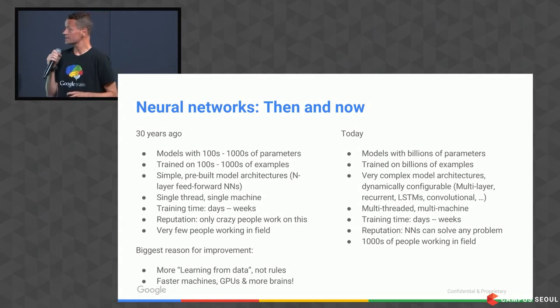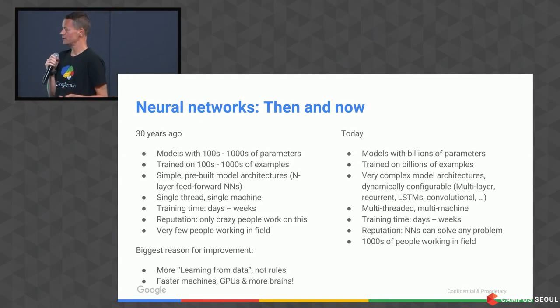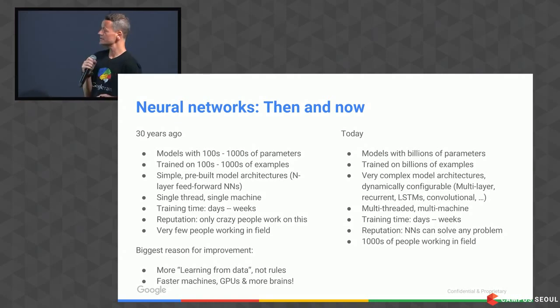About neural networks. I worked with neural networks already like 25 years ago. It's very interesting to see the progression of what happened. 30 years ago, we had models with hundreds or thousands of parameters.